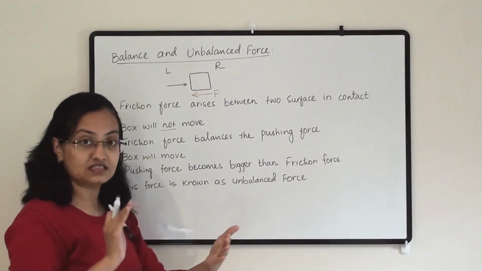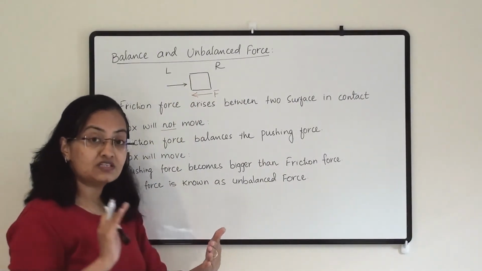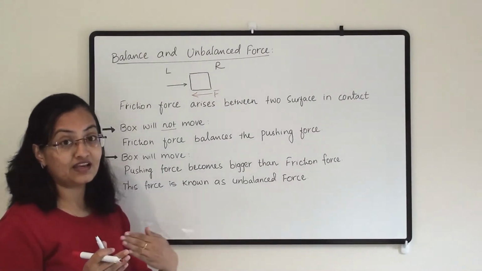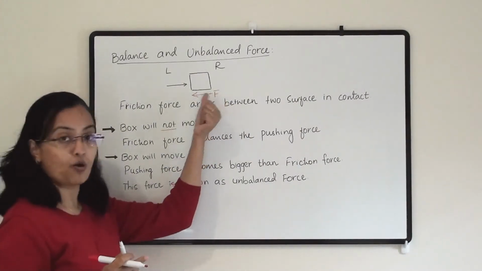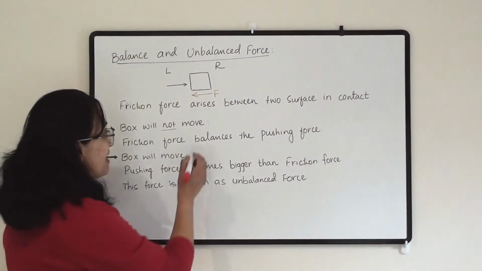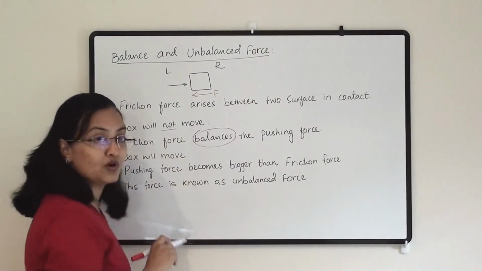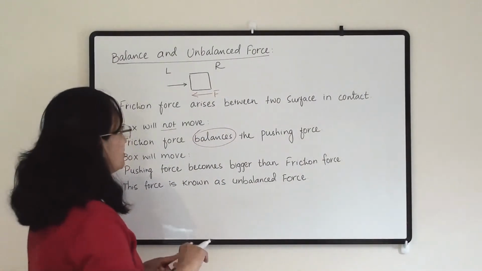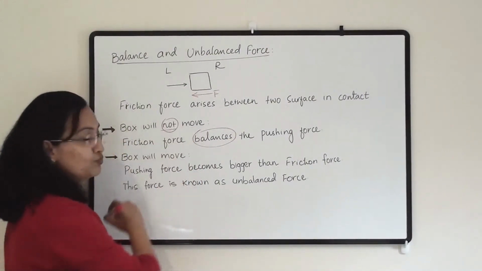So when it balances, it means however much I am pushing, that much force I am getting back from the opposite side, from the right side to the left side. So it balances the pushing force. Whatever force I am giving, it is balancing that. So that's why the box will not move.